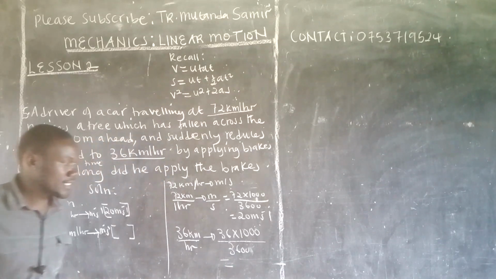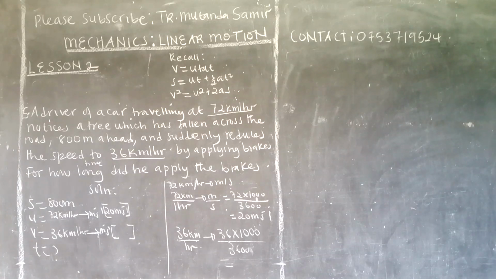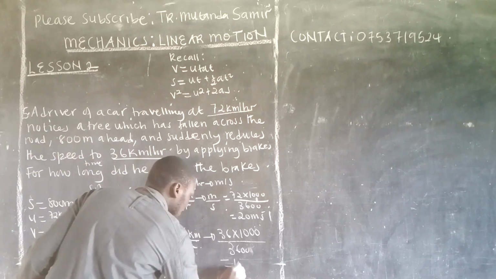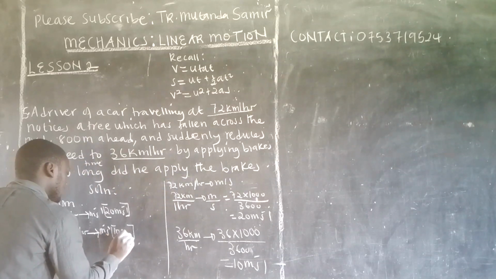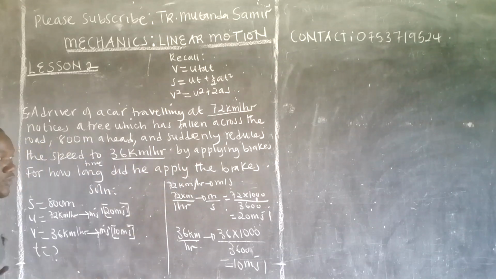Try to reduce and divide such that you can see what our final velocity will be, and I think that will give us 10 meters per second. So even here, 10 meters per second. Please learn how we do the conversions, and I think that is the best way.